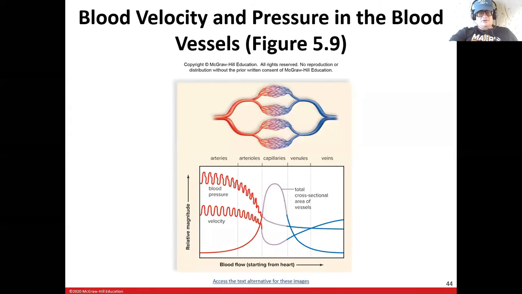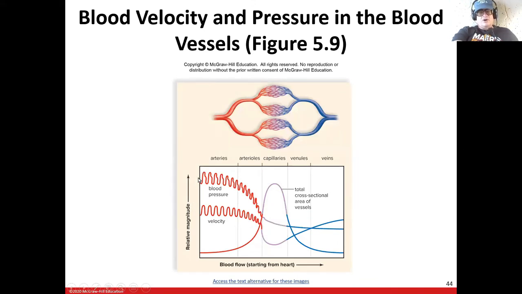So here we look at velocity and pressure. Blood flow, we start close to the heart, we end far away from the heart. So we start by moving through arteries, we go to arterioles, to capillaries, to venules, to veins. You can see that it says relative magnitude, talking about the pressure.